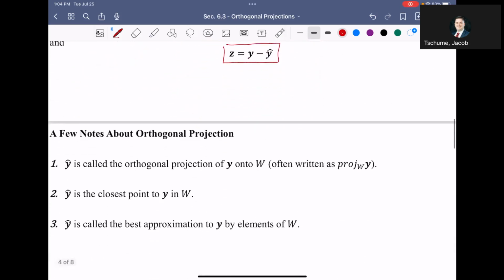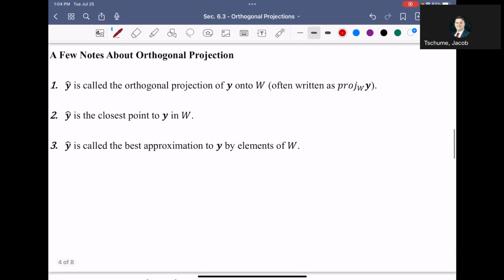All right. So a few notes about this orthogonal projection. Some of these will be repeated from the last video, and I'll say them a bunch today as well. First off, when you find y hat, we call that the orthogonal projection. But more generally, we're going to say now that y hat is the orthogonal projection of y onto a subspace W. For some of y'all who have been in a calculus class, I know in the Calc 3 class at Mississippi State, we teach projections in this way.